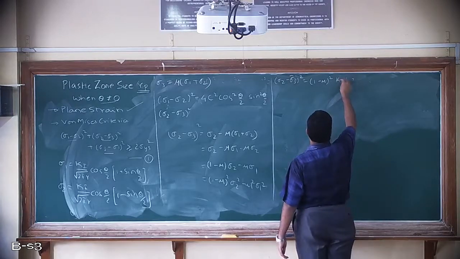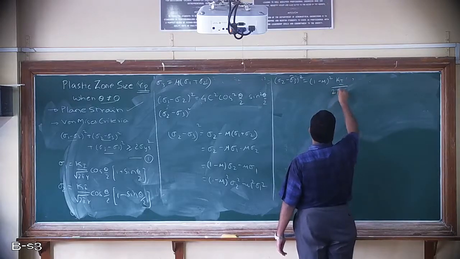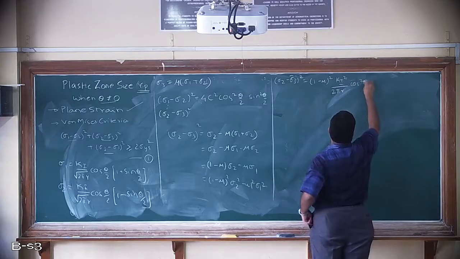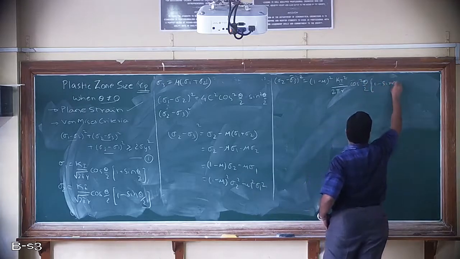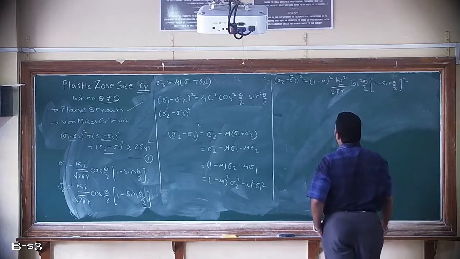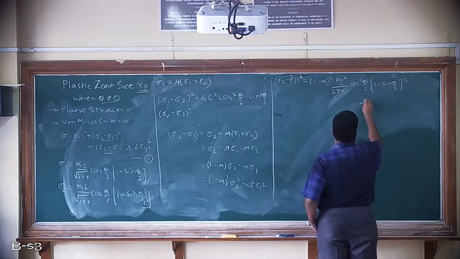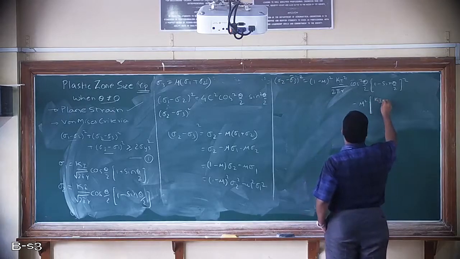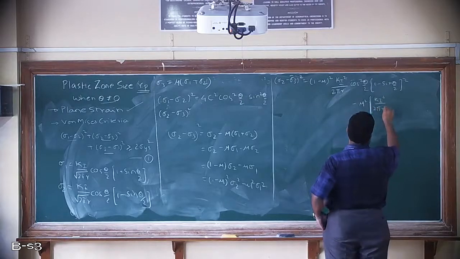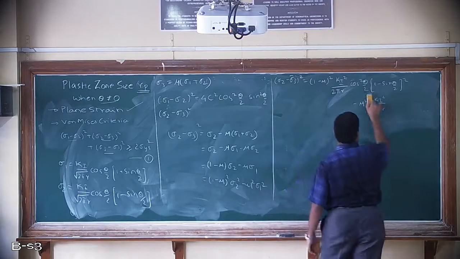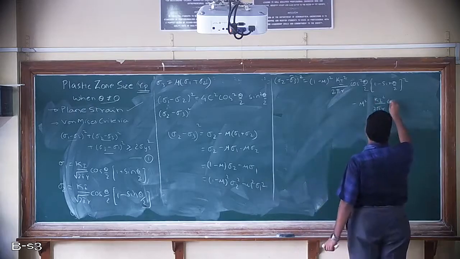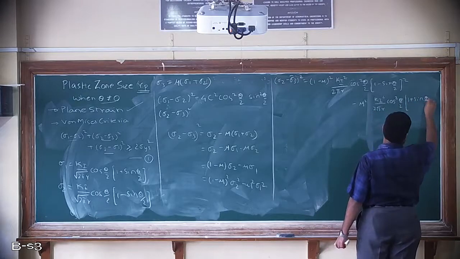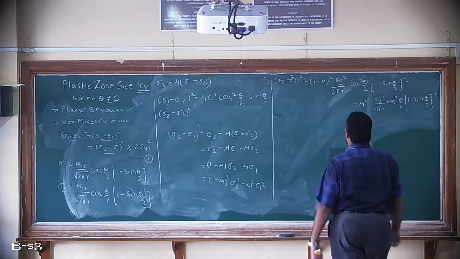Sigma 2 square is nothing but K1 square upon 2 pi r into cos square theta by 2 into 1 minus sin theta by 2 the whole square, minus mu square into sigma 1 square, which is K1 square upon 2 pi r into cos square theta by 2 into 1 plus sin theta by 2 the whole square.